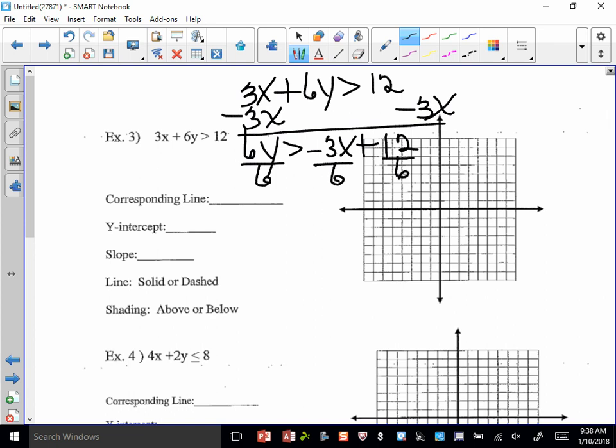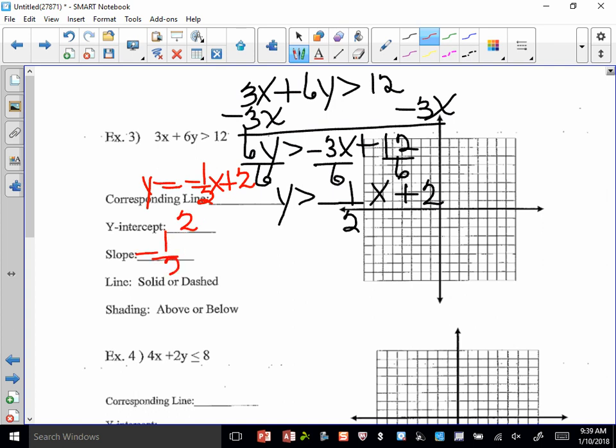So that will give me y is greater than negative 1/2 x, because 3 over 6 reduces to 1/2, plus 2. So that becomes my problem in slope-intercept form. My corresponding line is just y equals negative 1/2 x plus 2. The y-intercept is 2. The slope is negative 1/2.